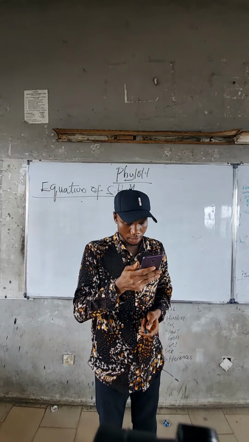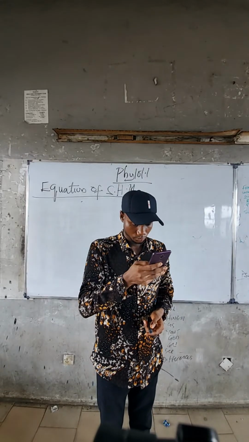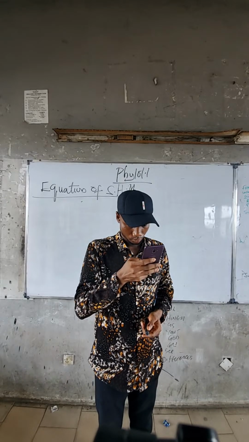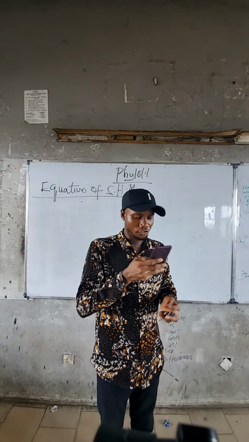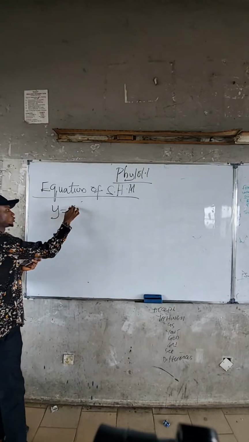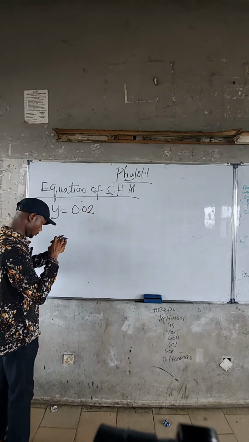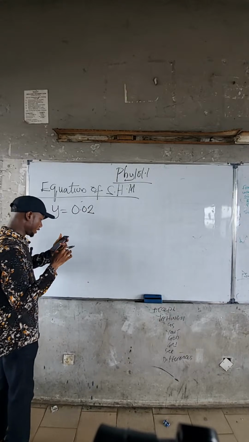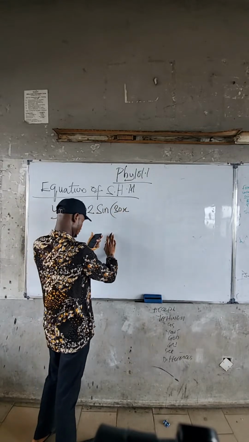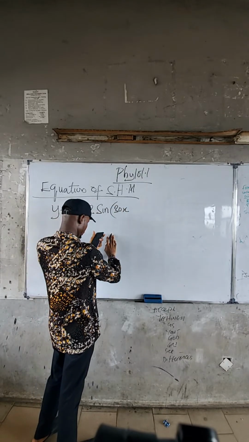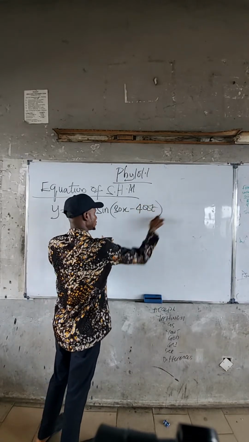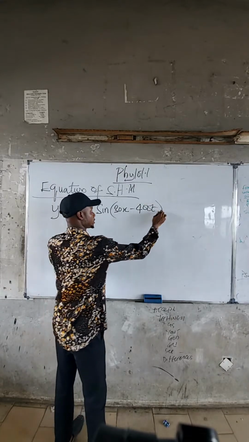Now, let's take a question here. Example 1: if y is equal to 0.02 sine of 30 minus 400t, in meters.